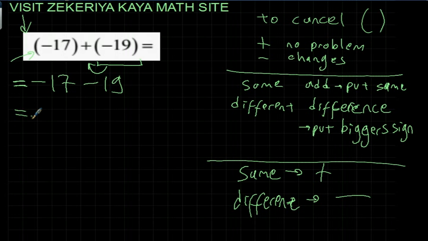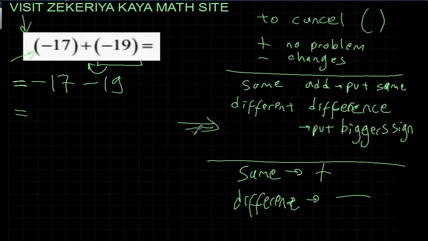Now, there is no parentheses. We must use these rules: same sign, add numbers, put the same sign. So, are they the same? We must add the numbers. We mustn't try to read them. The calculator will not help you in the exam.